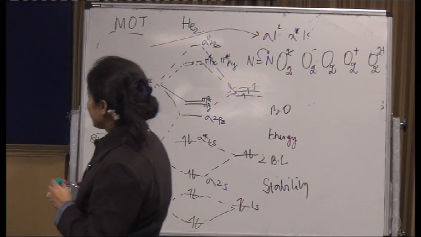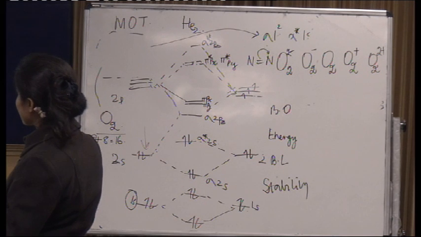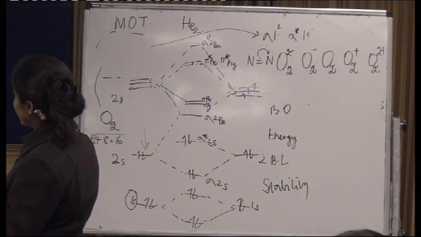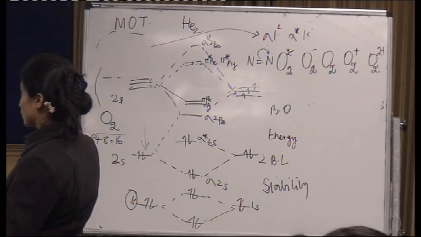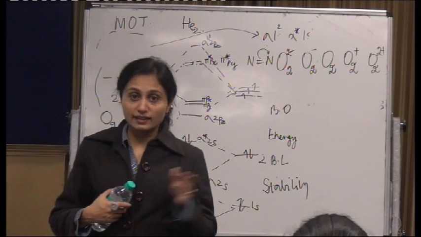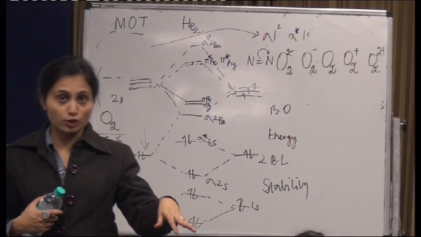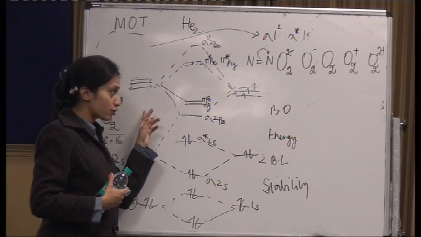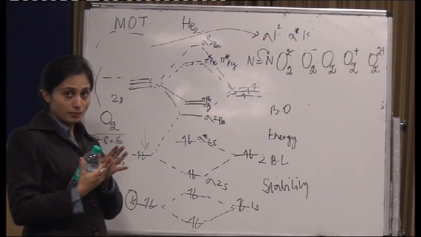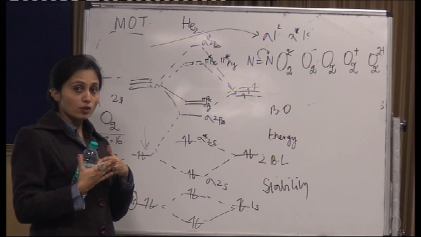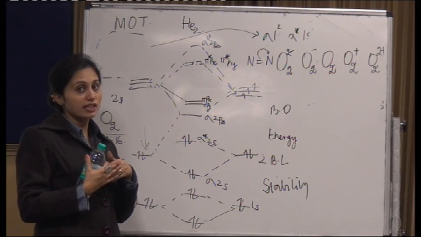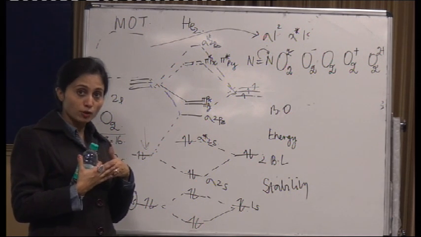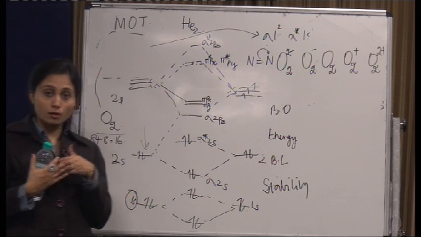Why is the energy of sigma molecular orbital greater than that of pi molecular orbital? See, in cases like till nitrogen, whenever the two atomic orbitals are combining, it depends upon what is the energy which is released or absorbed when the atomic orbitals are combining to form a molecular orbital.